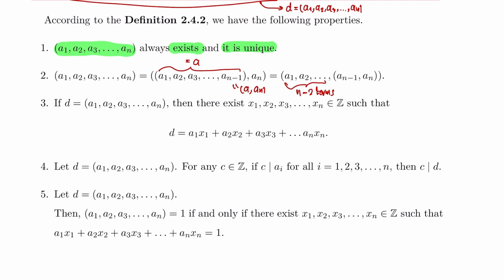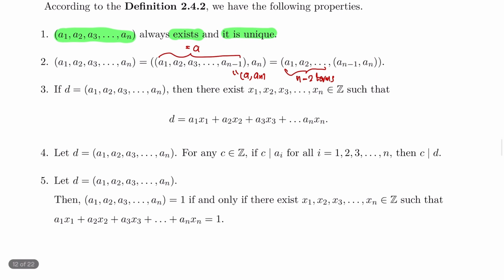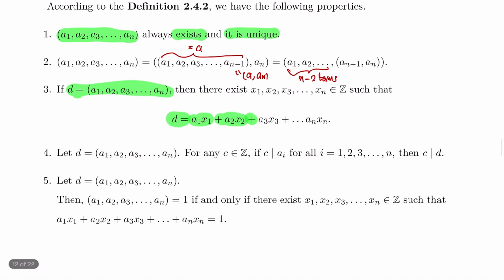Now the third property is, if D is the greatest common divisor of a1, a2 all the way to an, there exist integers x1, x2, x3 all the way to xn such that D is the sum of a1x1 plus a2x2 plus a3x3 and plus all the way to anxn.